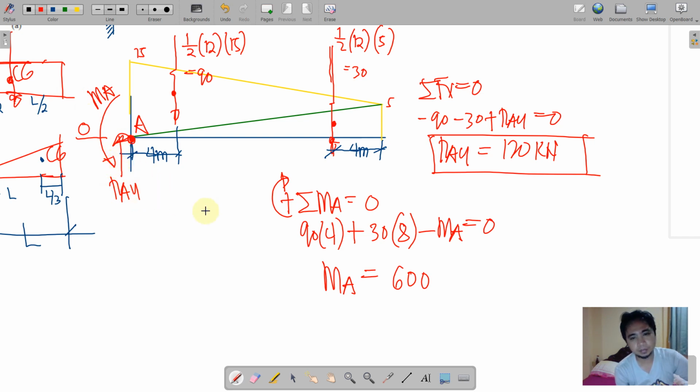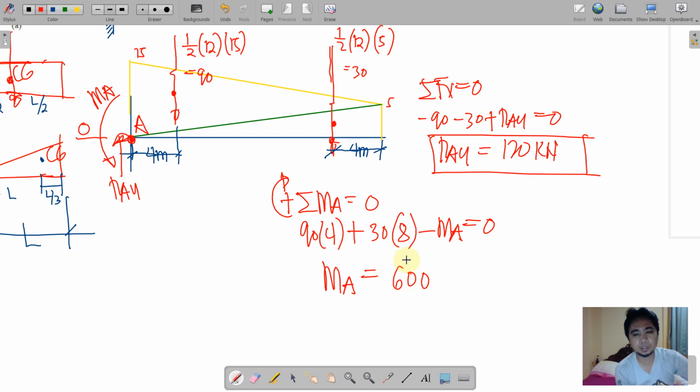So dito, halimbawa, nagkamali ka ng direction ng MA, ang mangyayari lang is, ito, magiging positive yan. And yung result mo, magiging negative na. Kaya, ibig sabihin ng negative, wrong direction or wrong assumption for the direction.